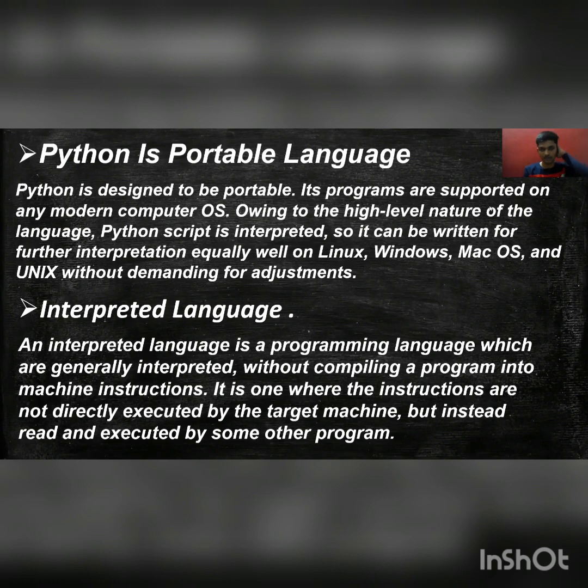It is one where the instructions are not directly executed by the target machine, but instead read and executed by some other program. Python is an interpreted language because its programs are generally interpreted without compiling the program into machine instructions.